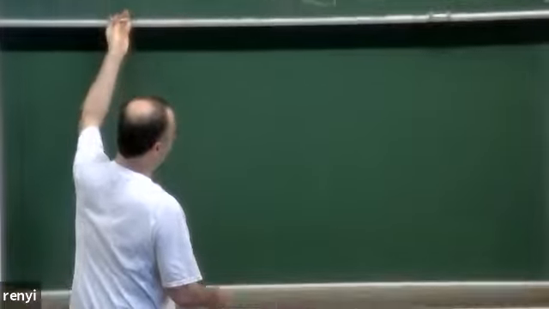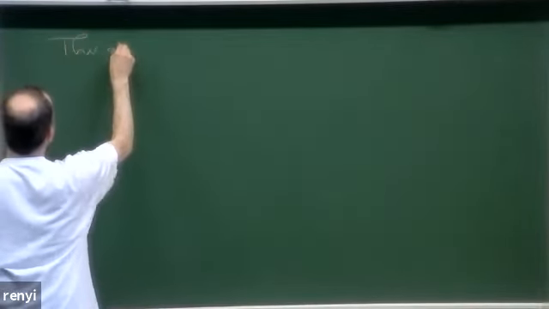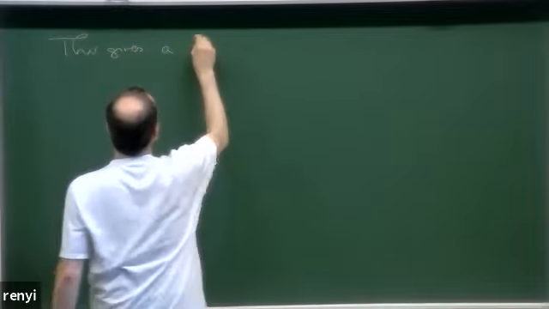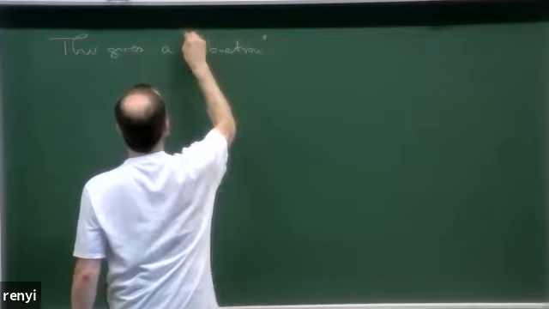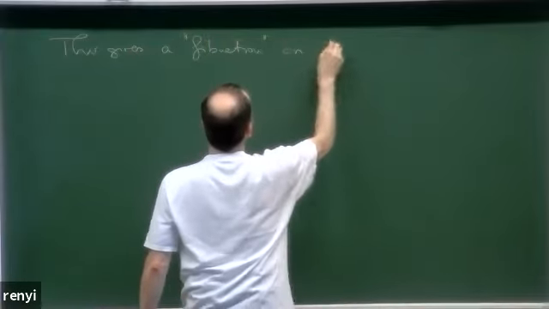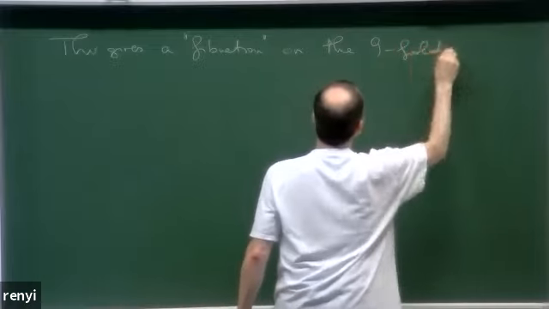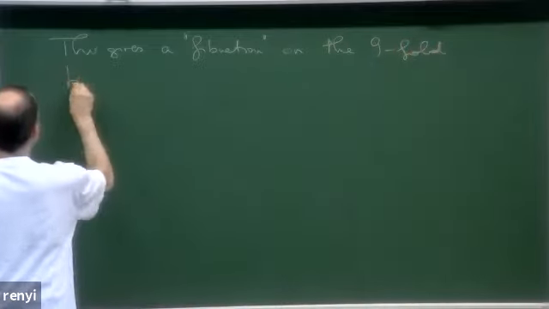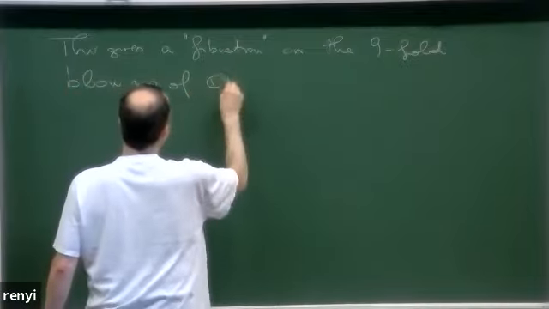So we can implement this picture around each and every such intersection point, and at the end of the day, this gives a fibration, and I put it in quotation marks, on the 9-fold blowup of CP2.